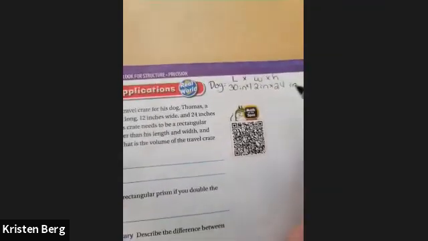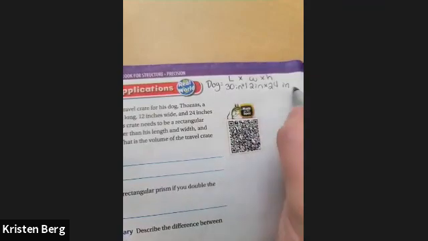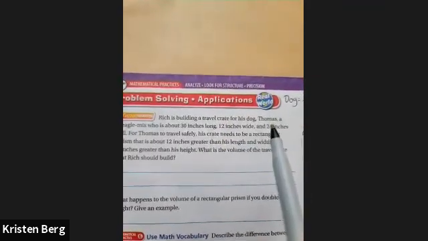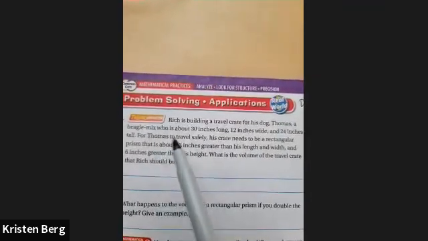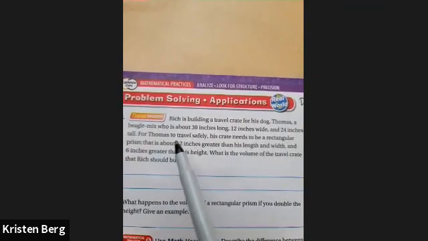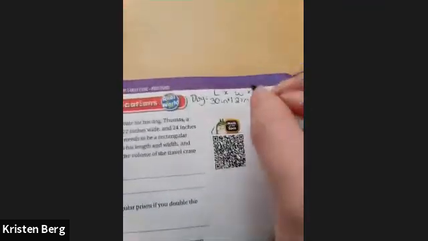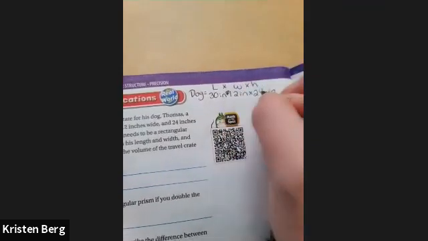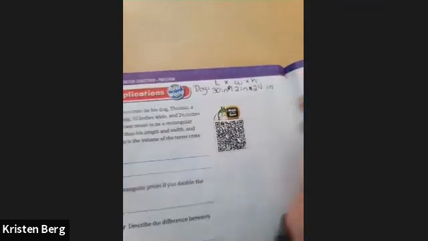Now, this was his measurements. Now it says that for Thomas to travel safely, actually we shouldn't be multiplying these just yet. This is just their measurements.